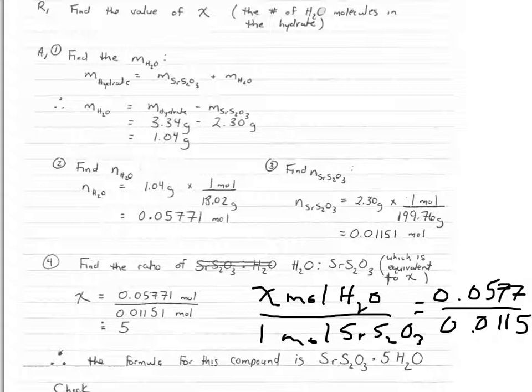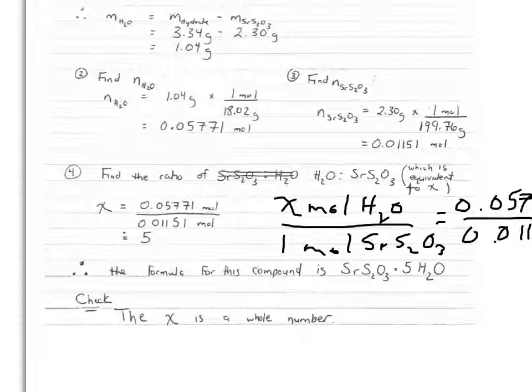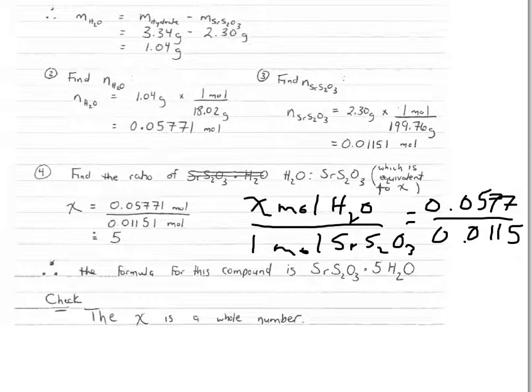But based on the information we've been given, we have 0.0577 moles of water for every 0.0115 moles of the anhydrous compound. By solving for X, which just turns out to be dividing this by this, we get 5. We have found that the formula for this hydrate is SrS2O3 5H2O, or the pentahydrate.